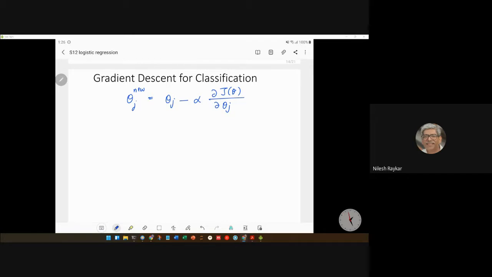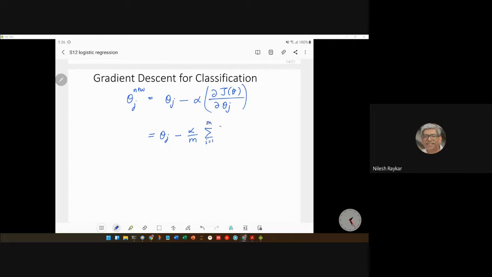So if you do the differentiation of the above function and simplify, the derivation I'm not covering here. Interestingly, you get the same function as we get for linear regression. So don't have to remember anything new in this particular case. We get the exact same form of the function.